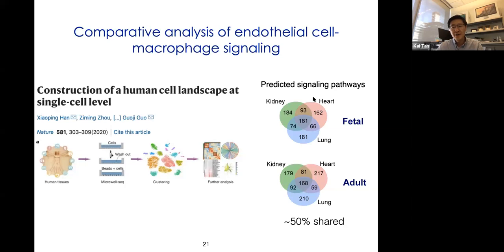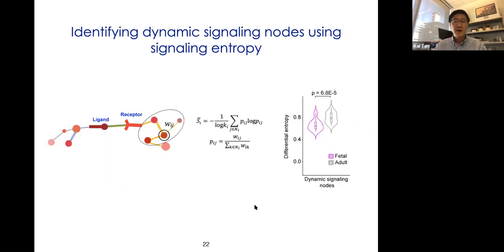So these 2 Venn diagrams show the number of predicted pathways for the 3 organs between these 2 cell types. There is about 50% overlap of the pathways between the different organs across both developmental stages, suggesting there's quite a bit of difference in terms of signal transduction for the same cell pairs in different organs. So we further examine this issue.